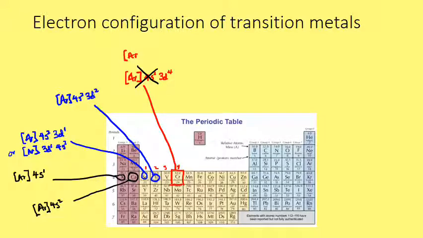Okay, so of course we still have argon, and what happens is that one of those 4s electrons changes from being in a 4s orbital to a 3d orbital. So notice, of course, you've still got the same number of electrons in the s orbital and the d orbitals.